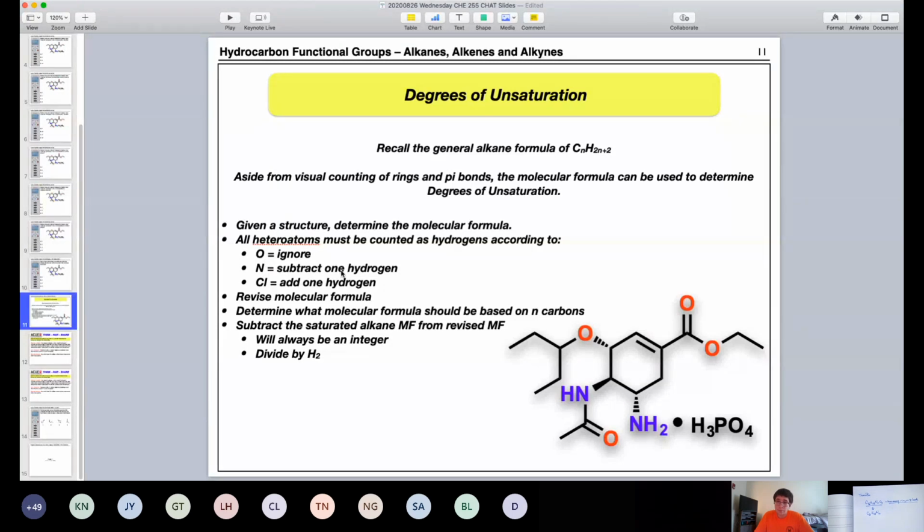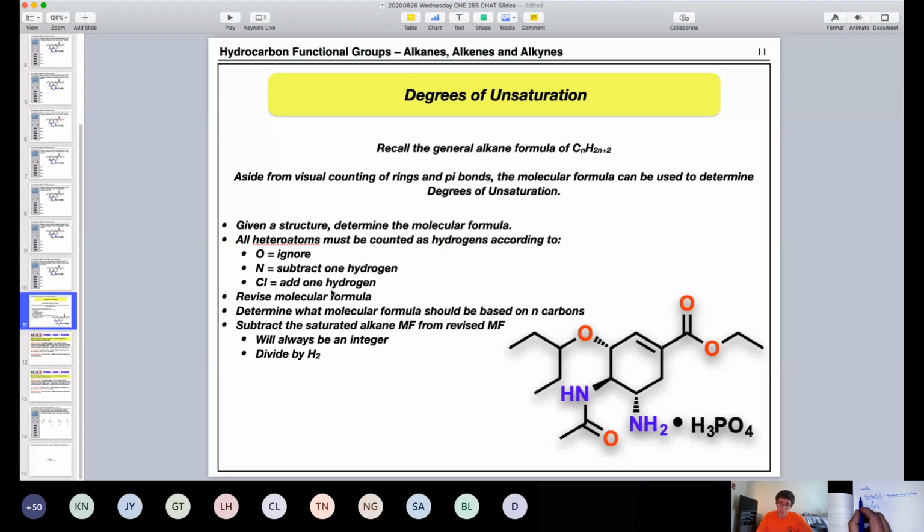Nitrogen atoms subtract 1 hydrogen each. We have 2 nitrogens. So now we have C16H. These 2 are going to subtract off from 28, so we get H26. Halogens such as fluorine, chlorine, bromine, or iodine add 1. There are none of those.